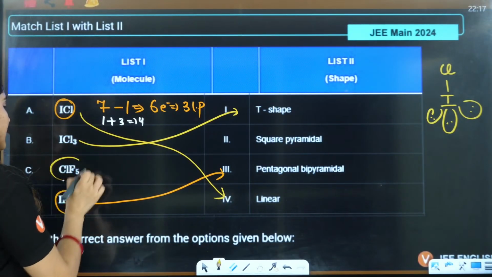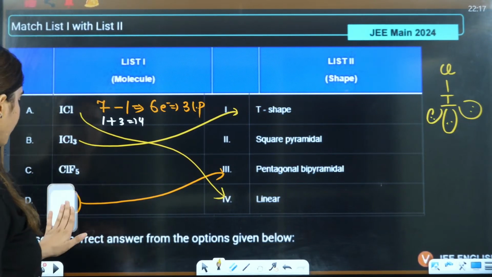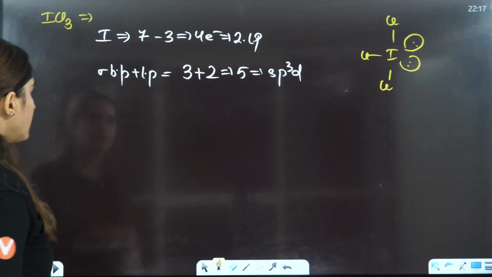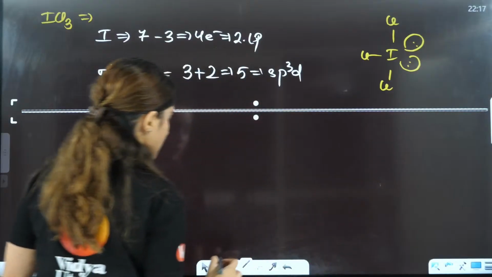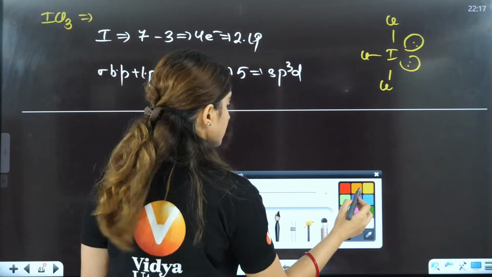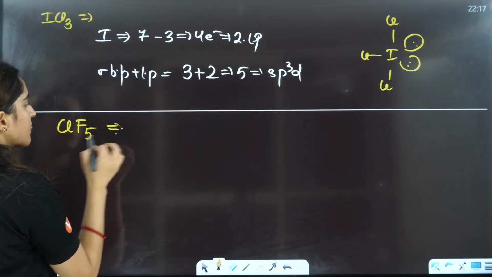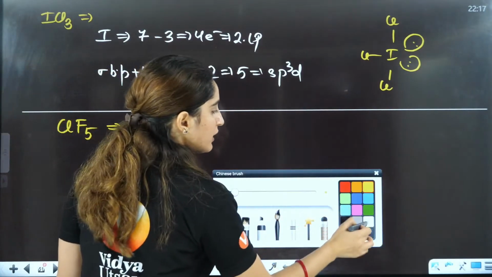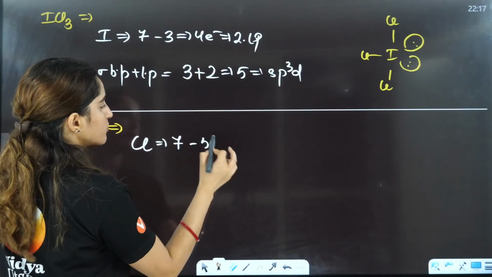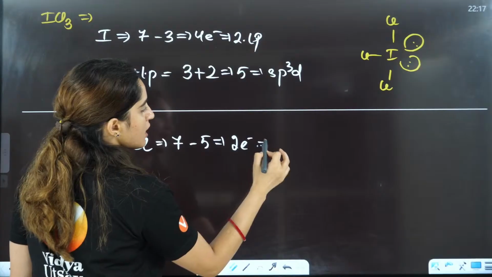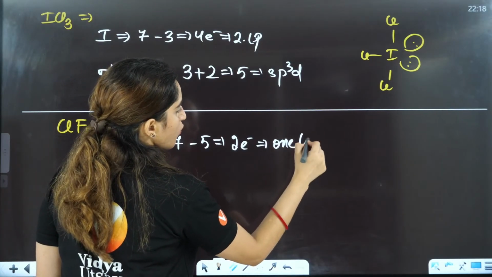Then you have ClF5. Let's discuss that. ClF5, okay. Now if you see, chlorine again belongs to group number 17, 7 valence electrons, minus 5, 2 electrons, that means 1 lone pair.